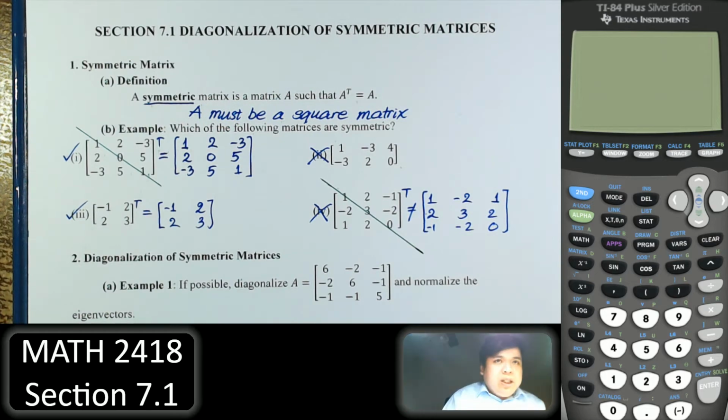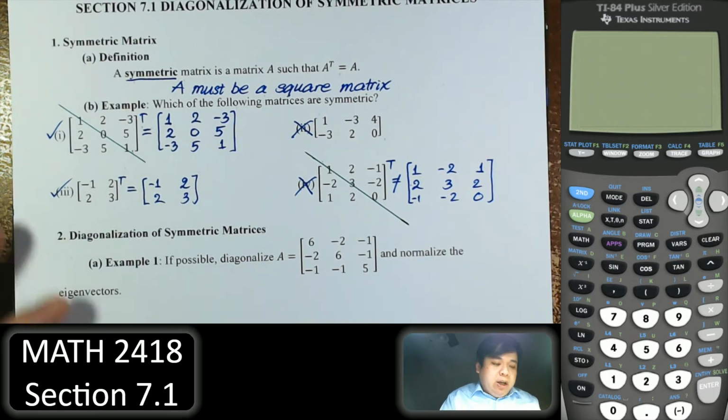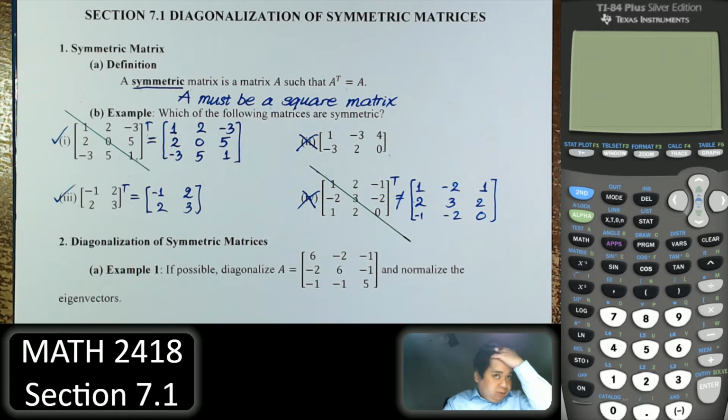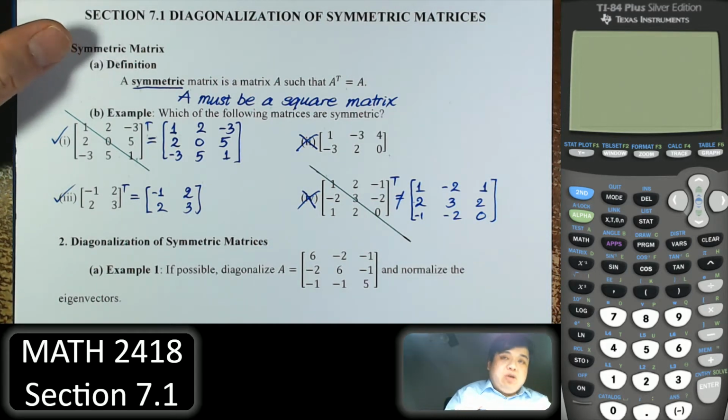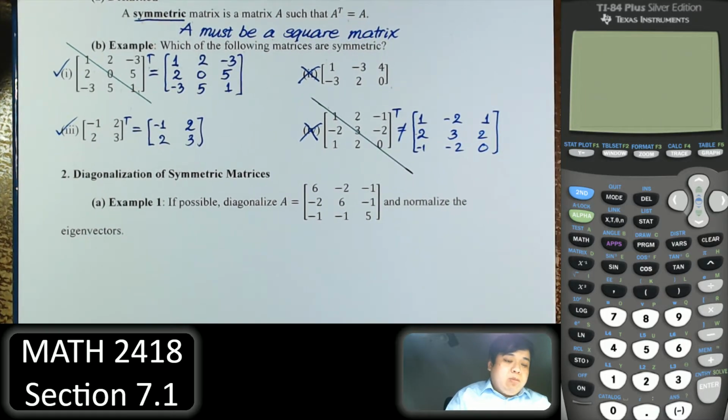It's so easy to see if a matrix is symmetric: it will be symmetric across the diagonal. Now, when a matrix is symmetric, it does have some nice properties.